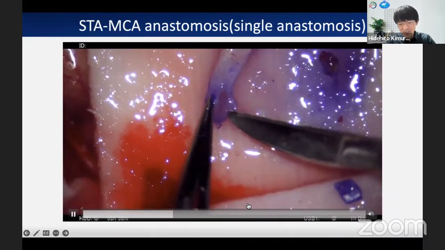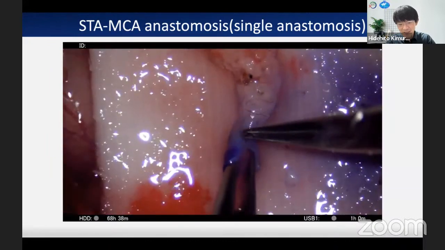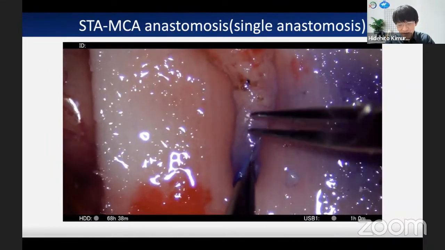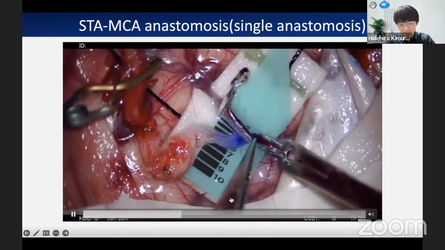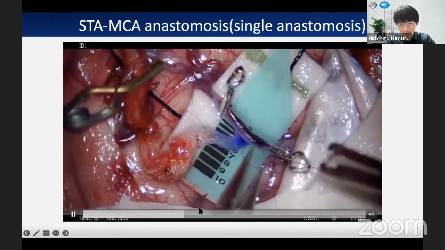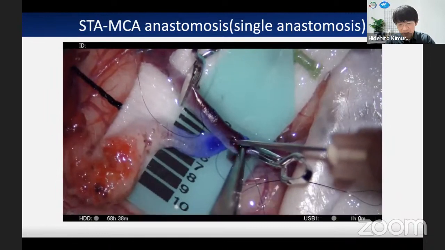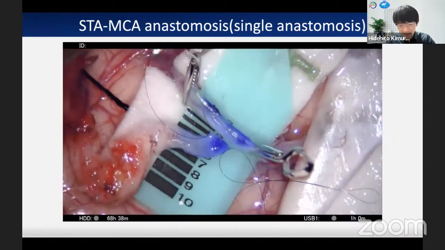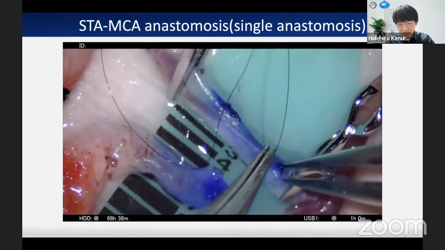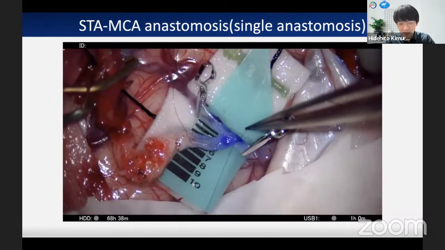The cutting edge of the STA was trimmed, making a fish-mouth shape. The recipient artery was clamped, and the inside was washed and rinsed.